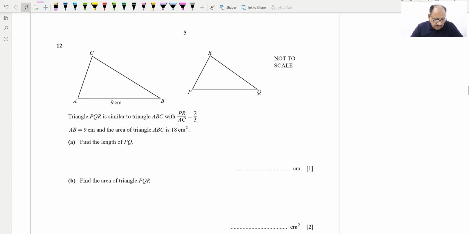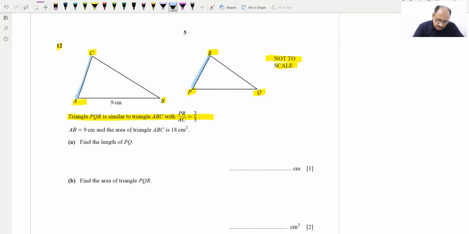Now we can move to question number 12. Two triangles are provided which are not to scale, triangle PQR and triangle ABC. PR is this one, PR over AC.